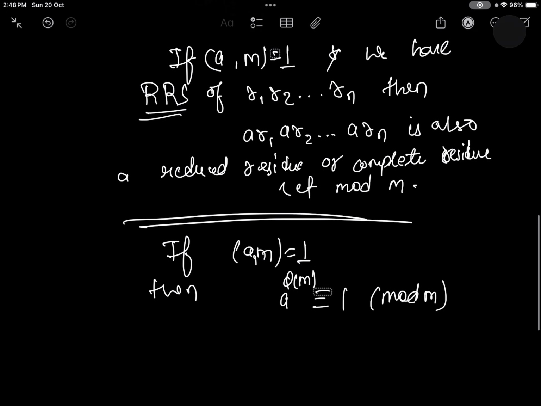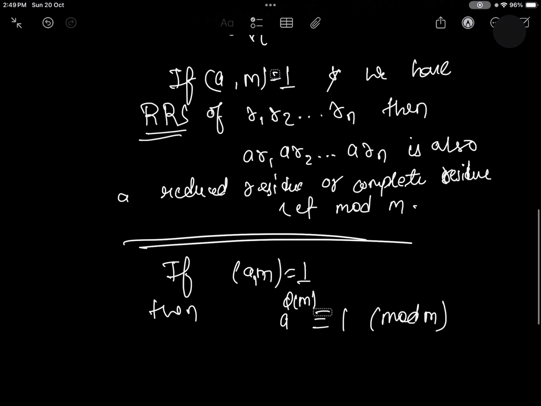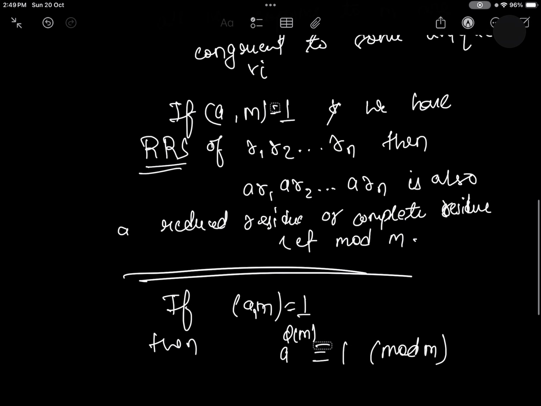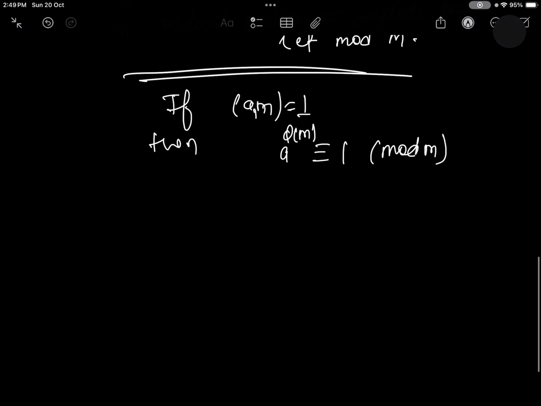The first idea that should come to one's mind will be the use of this particular definition, a particular theorem. So we can consider a reduced residue set, let's call it S: R1, R2, R3, and so on to R totient of M.